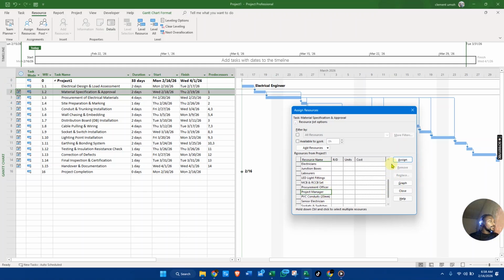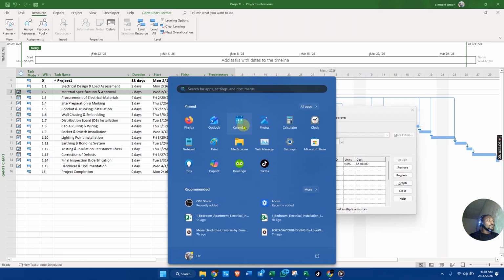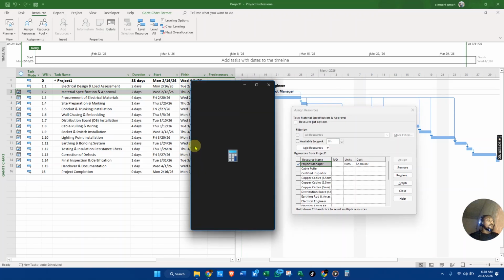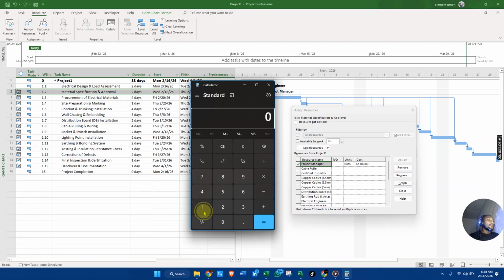Voila, project manager, 2,400. How do we get 2,400? This guy is earning 150. Then multiply by 8, which is the working hours, and multiply by 2, which is the number of days he's working. We get 2,400. That's how we got here.